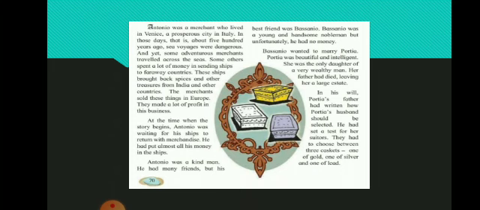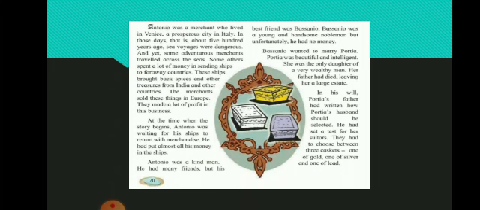Her father had died, leaving her a large estate. So, she was the daughter of a wealthy man, and her father had died, but he left her a large estate. Now, estate means all the money and property owned by a person at the time of his or her death. That is the estate.